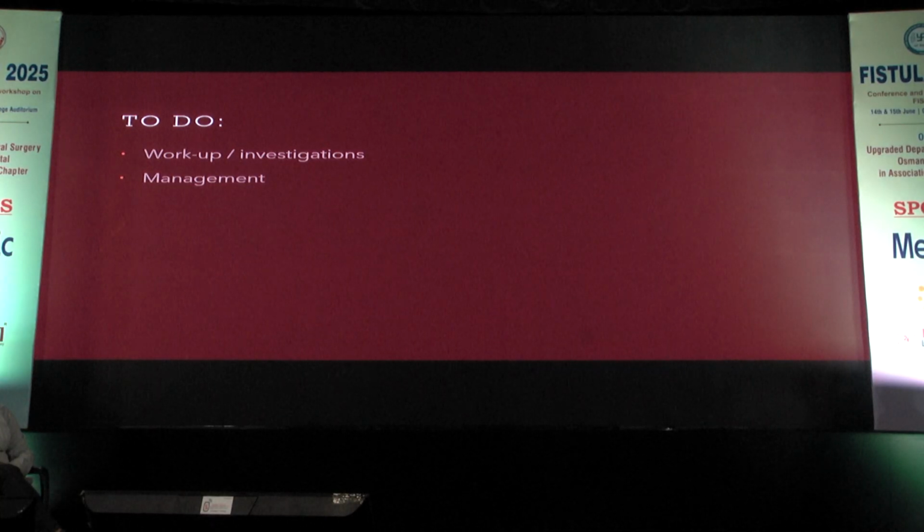For example, if they are diabetic, you need to control the diabetes, and immunosuppression needs further evaluation. Imaging comes in only for deep-seated abscess, where you send the patient for anal ultrasonography, MRI, fistulogram and CT.